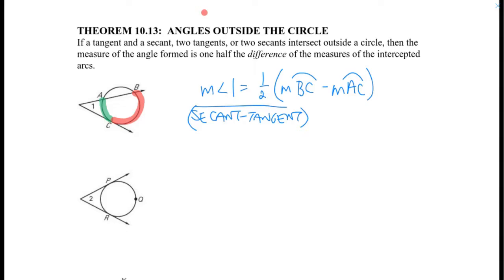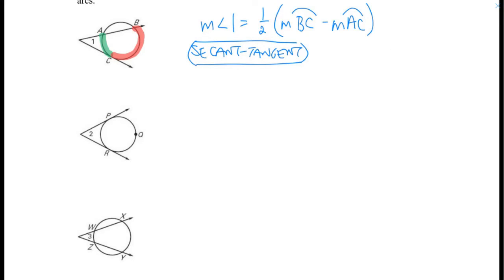All right, so the next one we're going to be looking at is two tangents. So we have two tangent lines. Again, it's going to be the same thing when we look at the intercepted arcs here. You're going to notice with this, it actually ends up forming the entire circle.